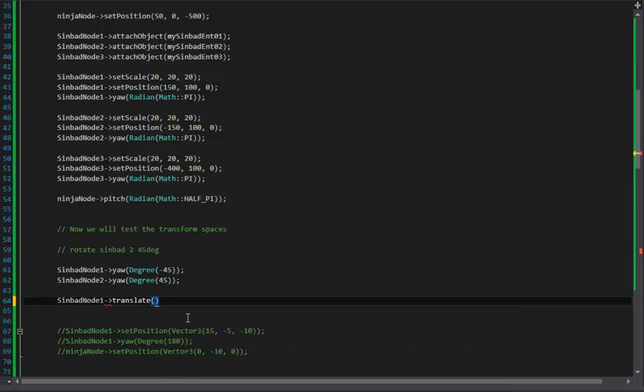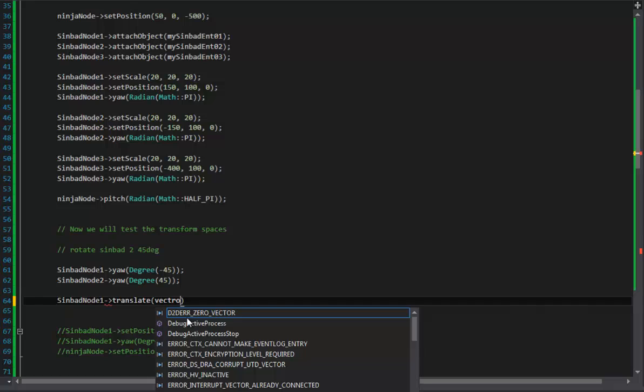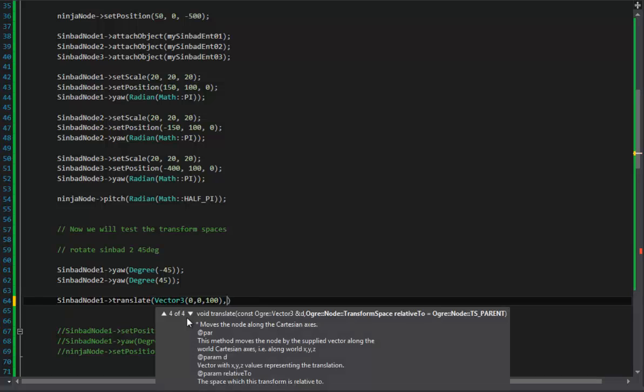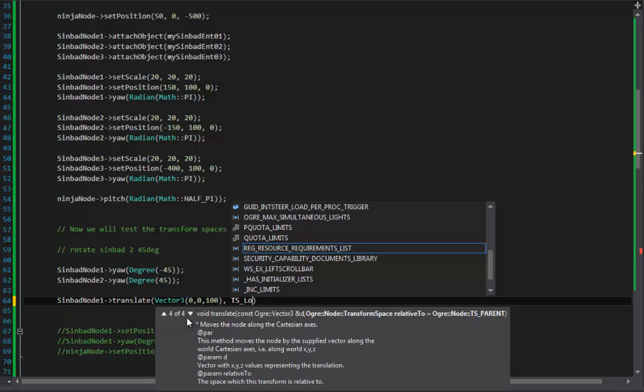So let's translate our ninja by 0, 0, and 100. And this is actually a vector 3. And then let's do TS local.